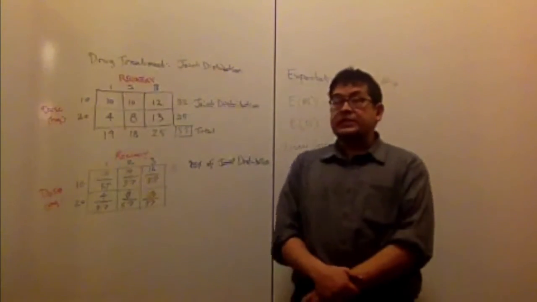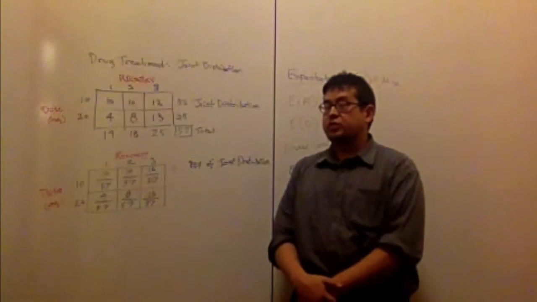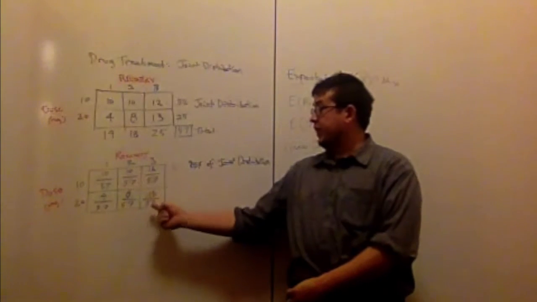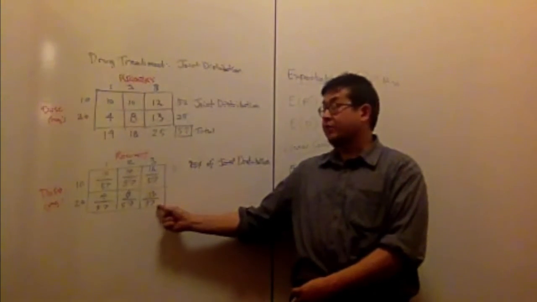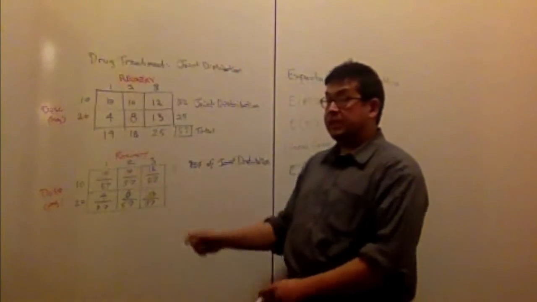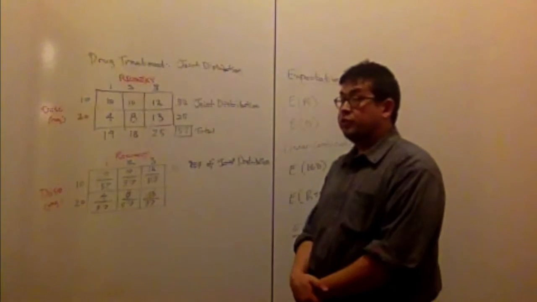If we were to make these into a decimal, for example, 13 out of 57 is kind of close to 14/56, which is a quarter. So about a quarter of the cases are right there in that cell. But I'll also show the margins, and I'll leave it as a fraction because sometimes it's easier to work in fraction form when we're doing mathematics.